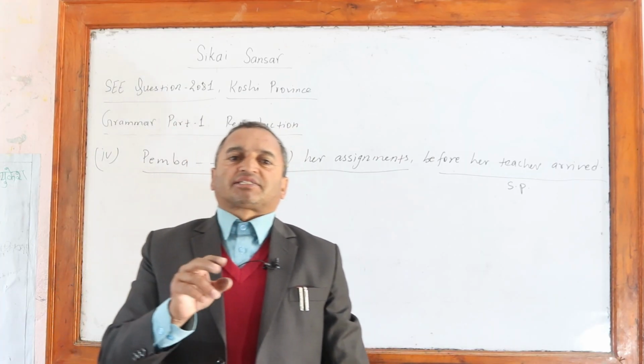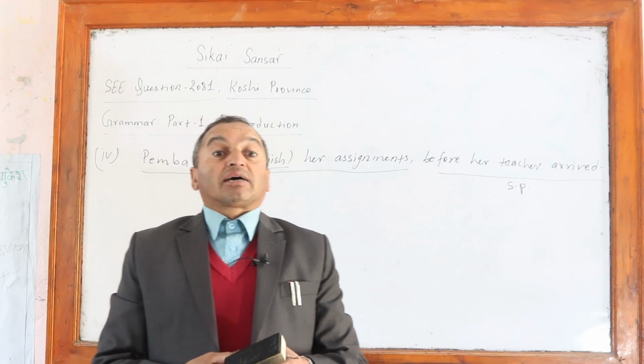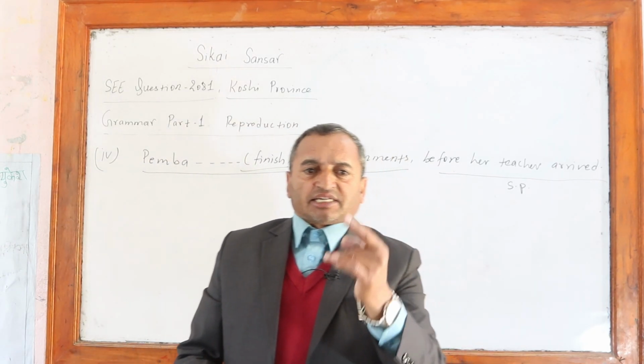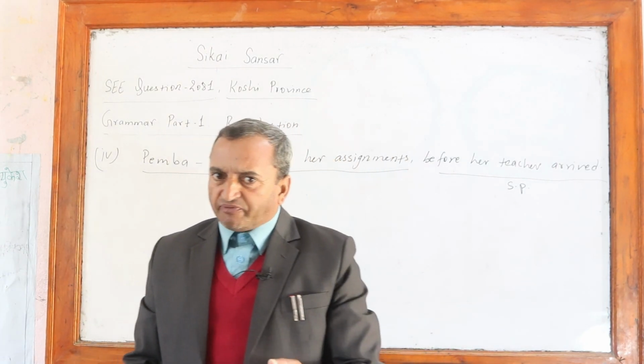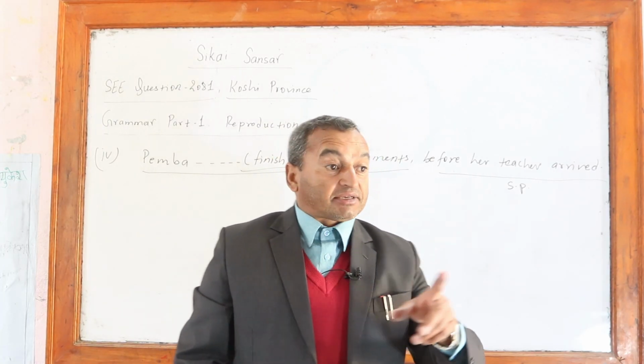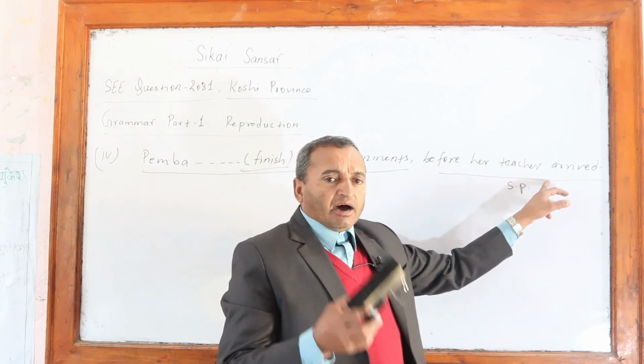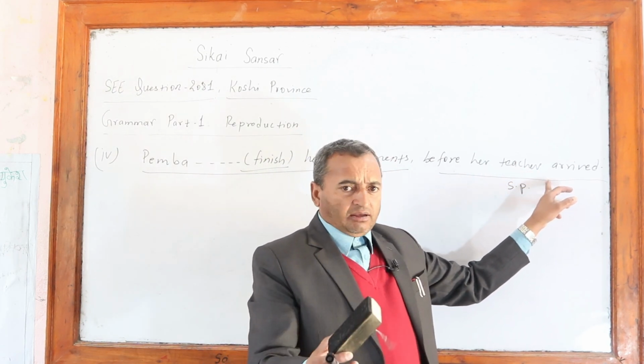If two actions happen, one a little before and one later, the earlier action is written in past perfect tense and the second one is written in simple past tense. Look here, before her teacher arrived, the teacher arriving happened later.